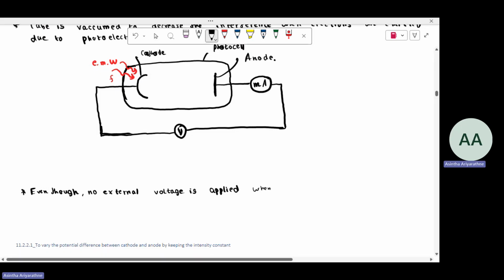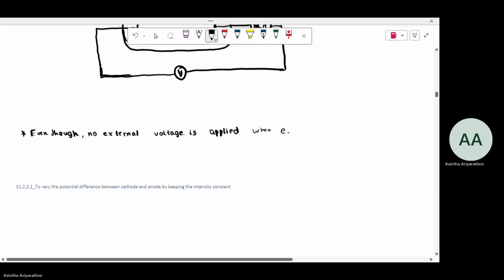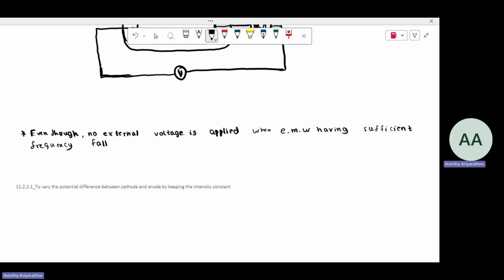when electromagnetic waves having sufficient frequency fall on the cathode, a current flows through the circuit, which should be connected using a wire.